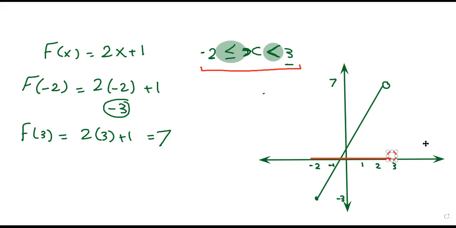It's less than 3. So we can get all values from -2 and less than 3. So the domain is -2 closed and 3 opened.